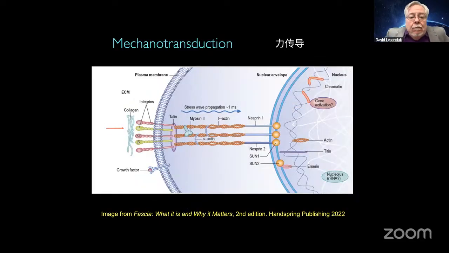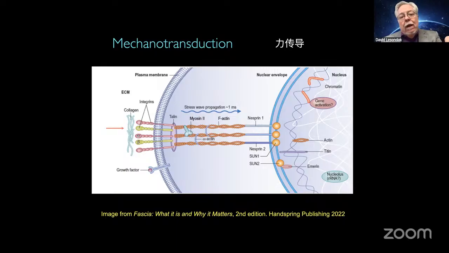So here's a diagram from my book of mechanotransduction. What you're seeing here on the left, where that arrow is pointing, is individual collagen fibers. And the collagen fibers in your collagen matrix, your fascia, connect to the integrins of every cell in your body. There's over 30 trillion of those. Think about that connectivity.